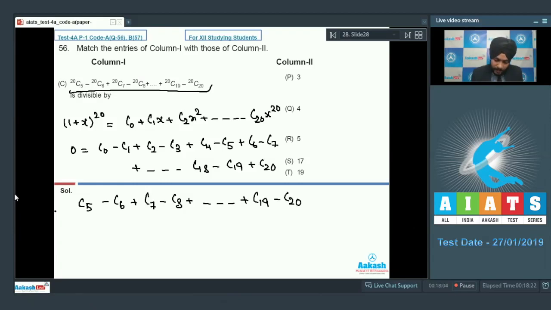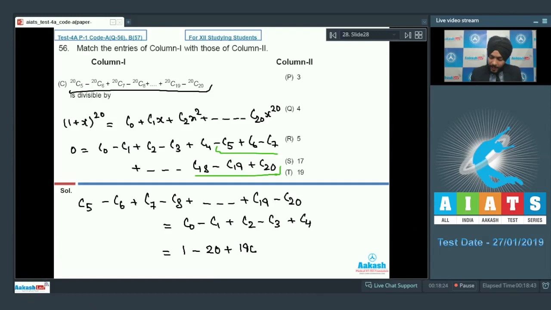Taking all these terms from here till here to the left hand side, I'll get this to be equal to C0 minus C1 plus C2 minus C3 plus C4. So 20 C0 will be 1, 20 C1 will be 20, 20 C2 will be 190, 20 C3 will be 20 into 19 into 18 by 6, 20 C4 will be 20 into 19 into 18 into 17 by 24.